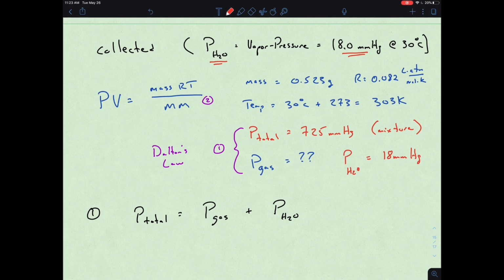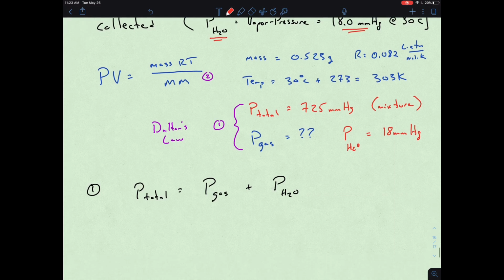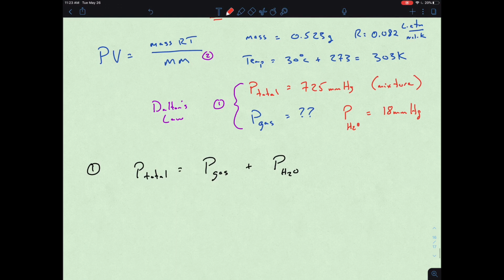That's what we're plugging into our ideal gas law. But that also means, in looking at Dalton's application here, that the pressure of H2O must also be at that same temperature. And so that allows us to relate these two pressures since they're observed or recorded at the same temp.